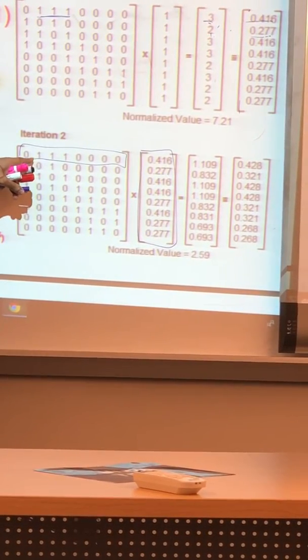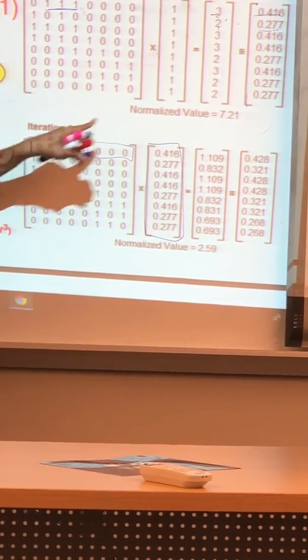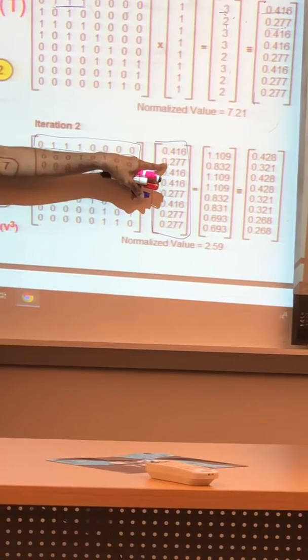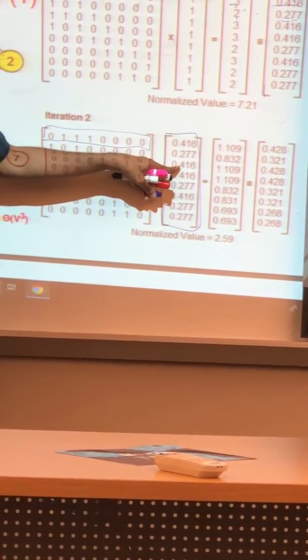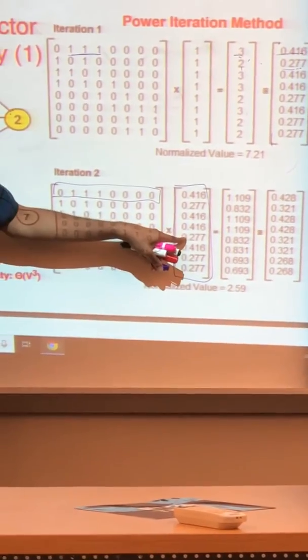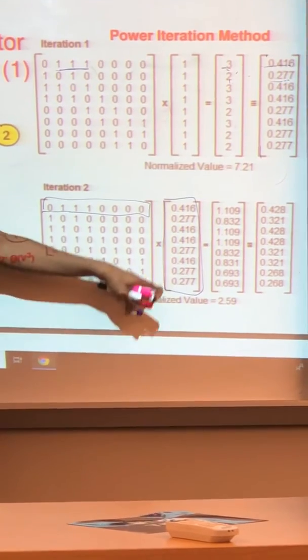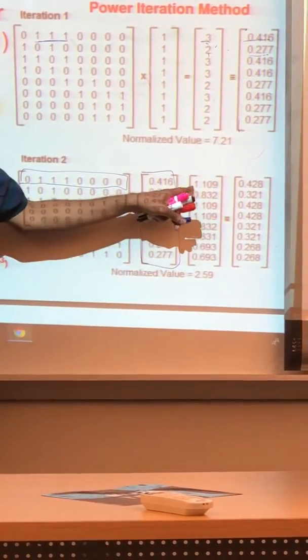It's the same term by term multiplication. 0 times 0.416 plus 1 times 0.277 plus 1 times 0.416 plus 1 times 0.416 plus 0 times this term and so on. Okay. So sum all those entries, you will get 1.109.